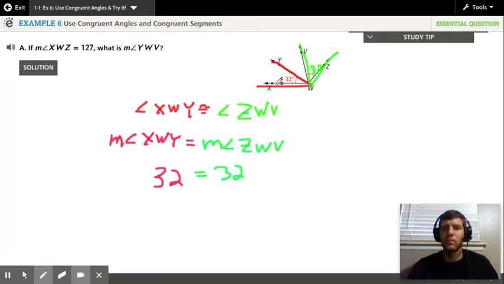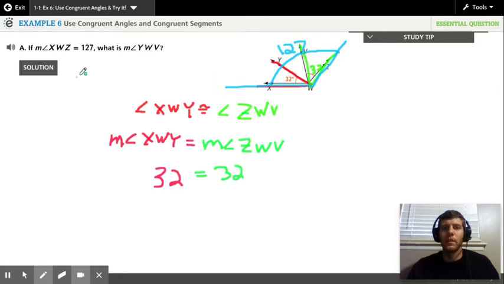So we have 32 and 32. In our problem here, it says the measure of angle XWZ is 127. So that's the big angle. Let's do that in blue. That's this big angle here. The measure of XWZ, that whole angle here, is 127.